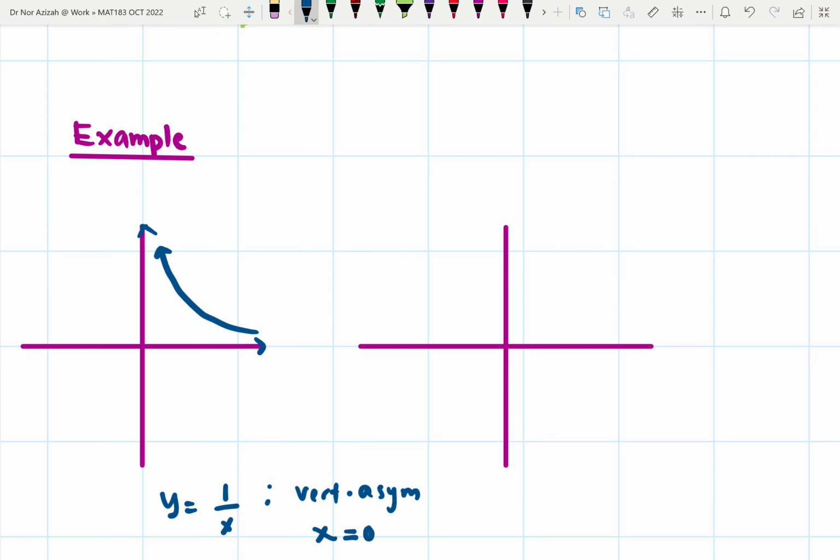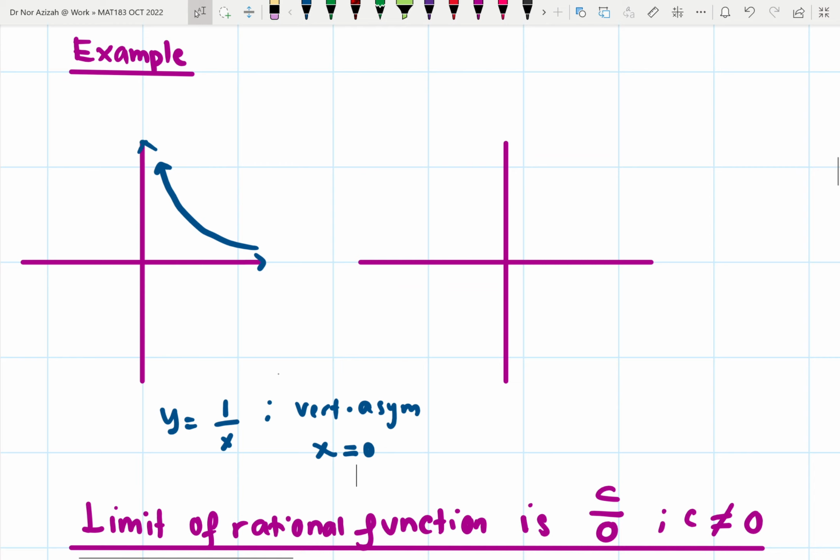But this function is not defined, y is not defined at x equals 0. Okay, so this one from the right-hand side.